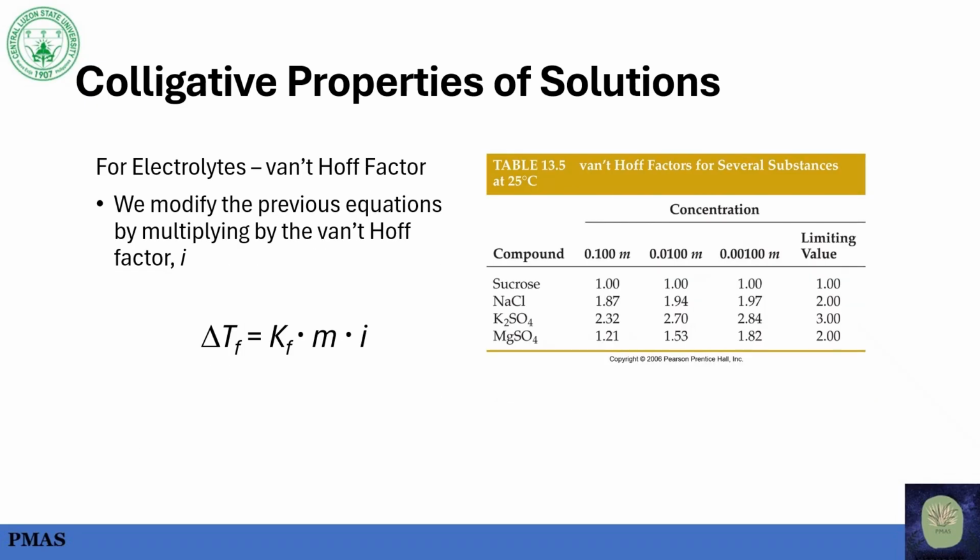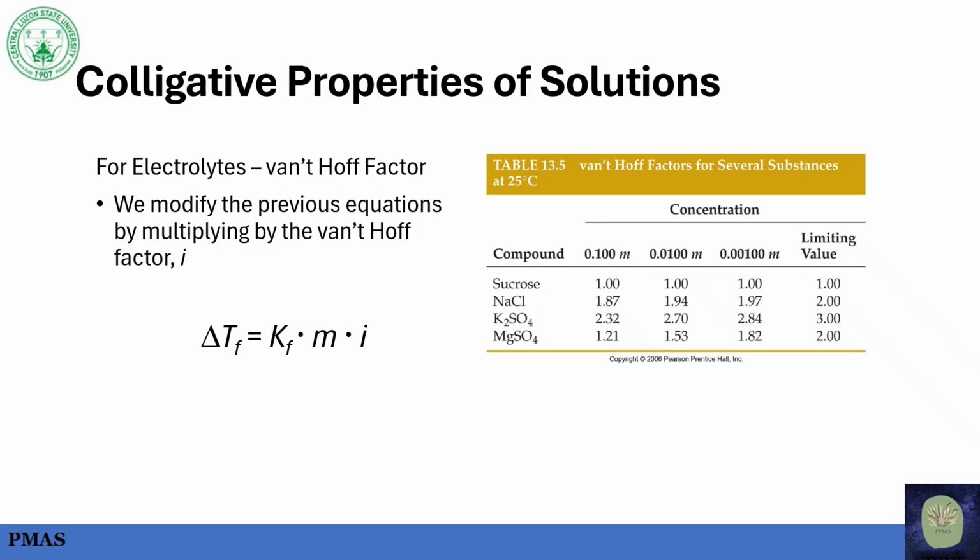Now, with respect to this number of particles, we modify the equations by multiplying by the Van't Hoff factor i. Instead of Kf m, it becomes Kf m multiplied by the Van't Hoff factor i.